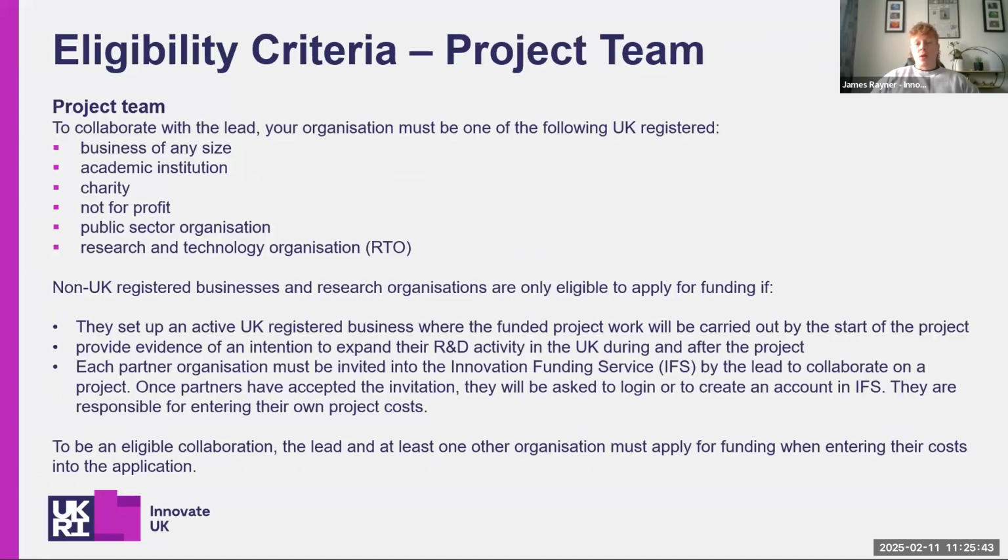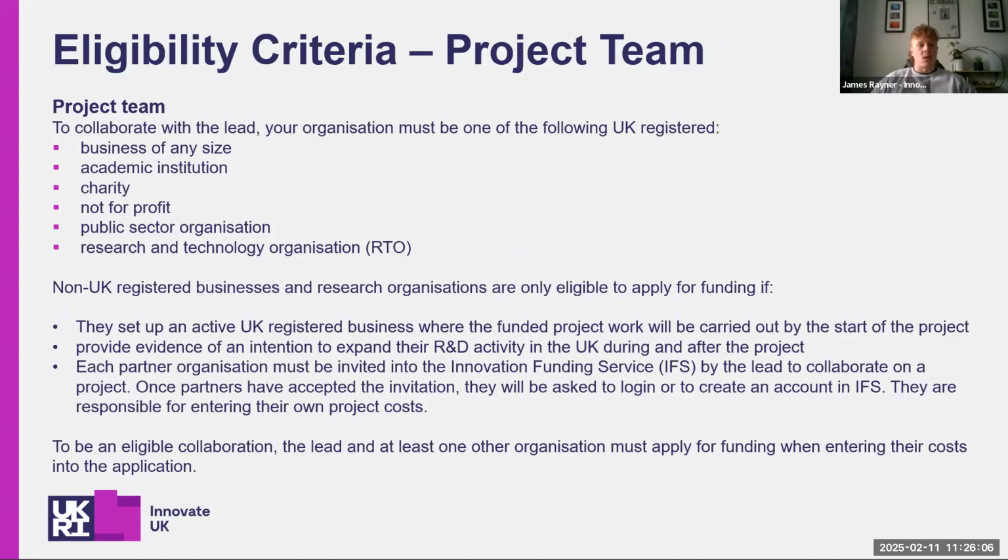To collaborate with the lead organisation, your organisation must be one of the following types of organisation that you can also see on the screen: a business of any size, an academic institution, a charity, a not-for-profit organisation, a public sector organisation, or a research and technology organisation, an RTO.